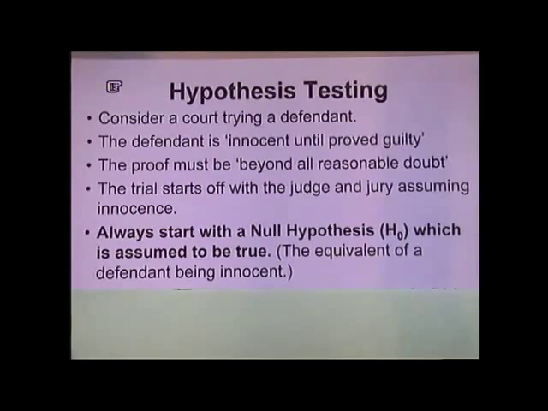So the null hypothesis is assumed to be true, and that's what you start with. That bold bit there, can you write down? It always starts with a null hypothesis, which we refer to as H0, that is 0 down the bottom there, and we always assume that's going to be true, and that's the equivalent in a court case of the defendant being innocent.